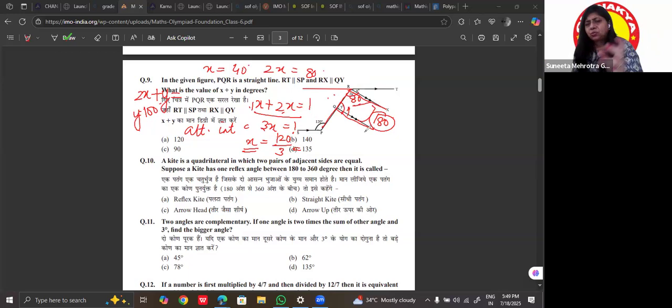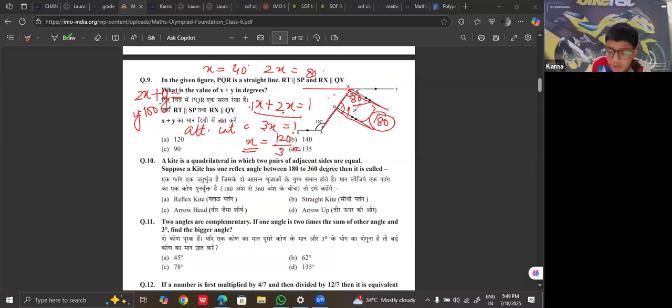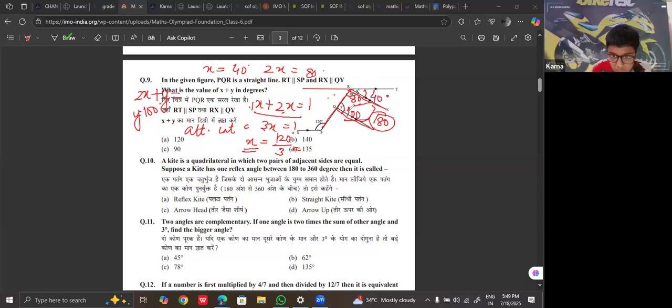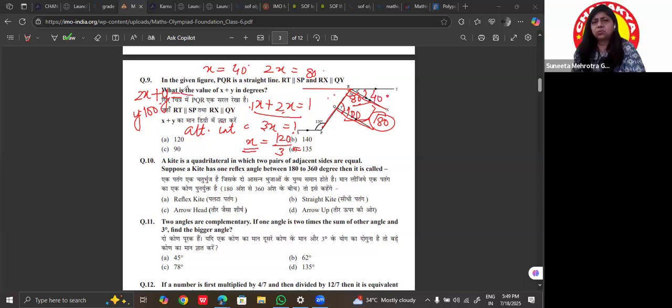Left behind is 180 minus 80, which is 100 degrees. So y is equal to 100 degrees and x is equal to 40 degrees. So here our question is, what is the value of x plus y in degrees?